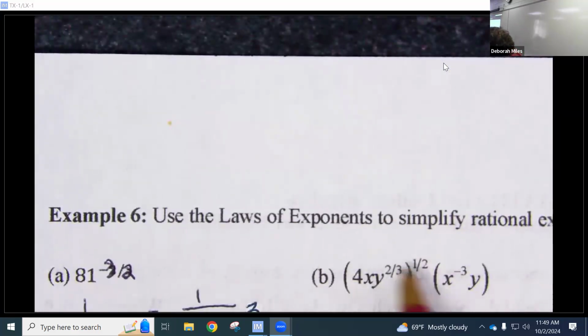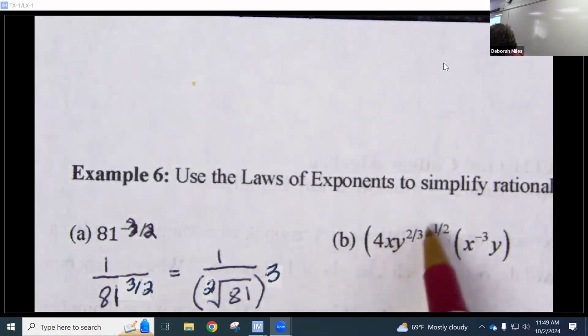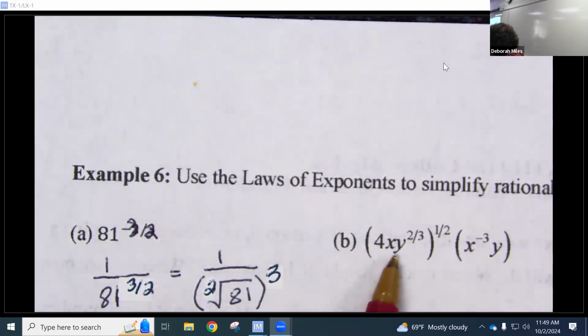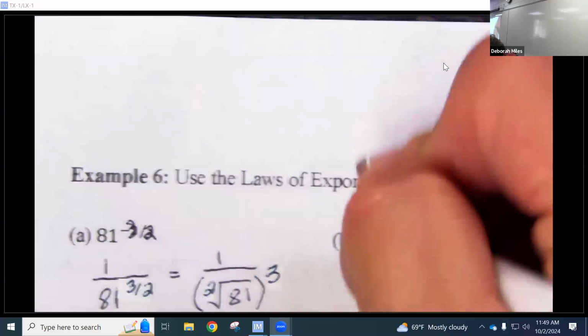When I have a product to a power, I can raise each factor to the power. Right now, what's the exponent of this 4 and this x inside parentheses? 1. They're both to the first power.